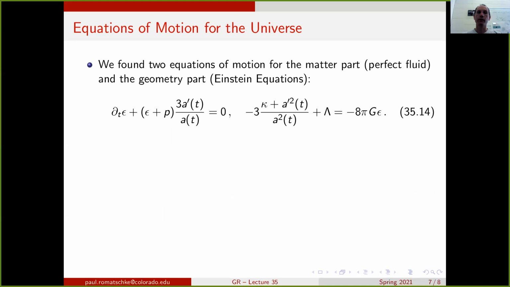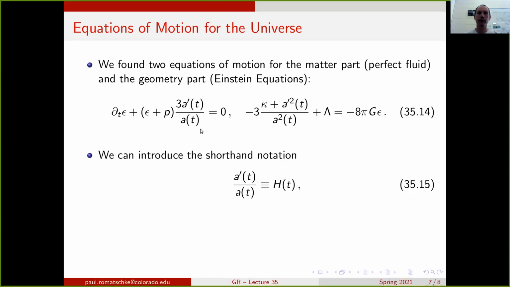So to summarize, we have found two equations of motion, one for the matter part, for which we used the perfect fluid form of the energy momentum tensor, and one for the geometry part, which are just the Einstein equations. And these two equations are reproduced here in equation 35.14. These are two coupled nonlinear ordinary differential equations. It is customary to furthermore introduce a shorthand notation to make them appear simpler.